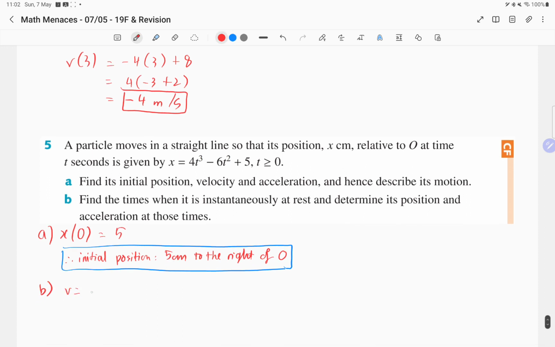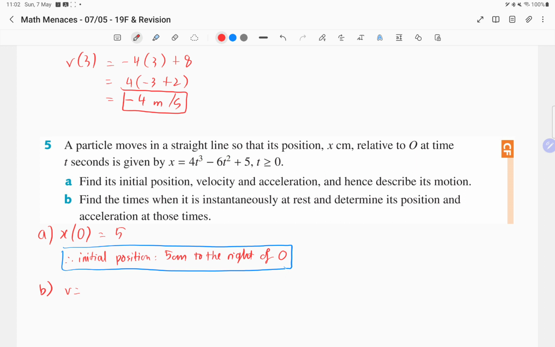Wouldn't it be just instantaneous? Because the answer for the question is that it's instantaneously at rest at 5 centimeters. So then for question B, wouldn't it just be instantaneously at rest at 5 centimeters? So question A tells you the initial position is 5 centimeters.